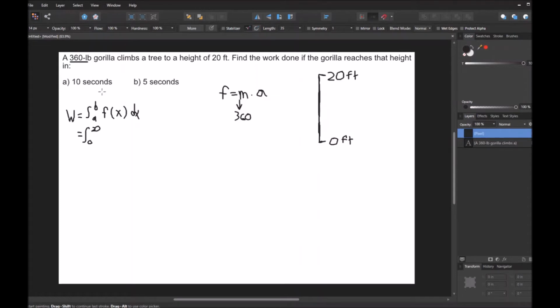It doesn't specify that at some point in the tree he starts going really fast, or at another point he starts going really slow, meaning his change in velocity will remain constant throughout his climbing of the tree, meaning his acceleration is going to be 1, because he isn't accelerating. He's moving at the same velocity all throughout the tree. So that's our force equation. F of x equals 360 times 1, which is just 360.